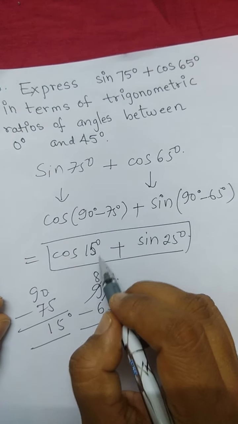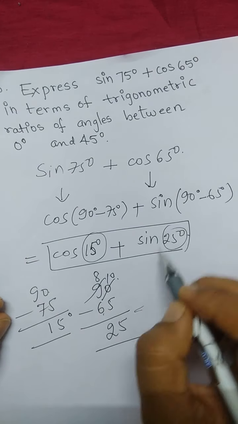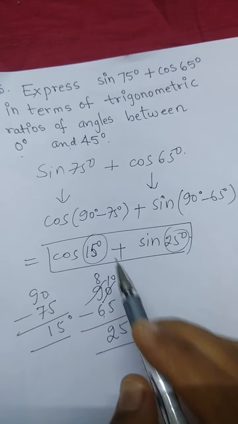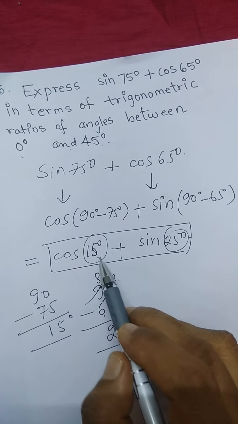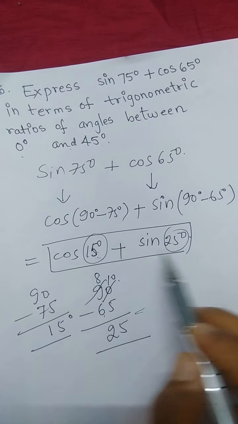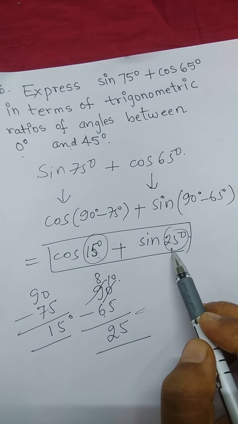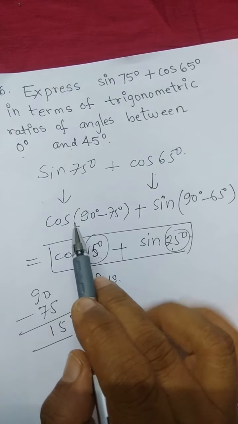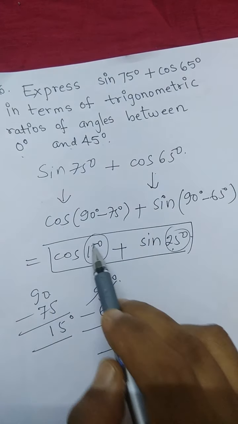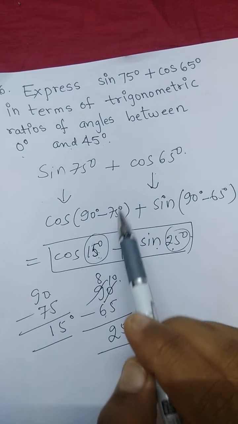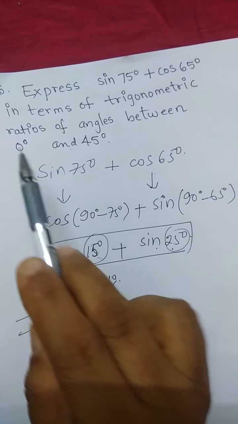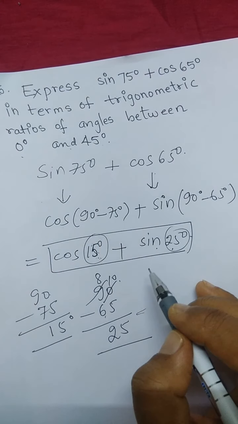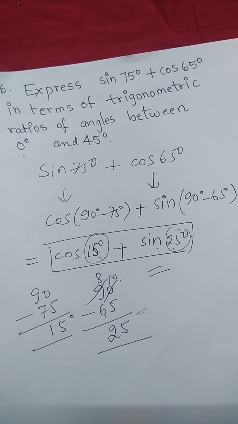So here we have converted this into angles between 0 and 45 degrees, isn't it? They are between 0 and 45 degrees, no? 15 degrees and 25 degrees. Both we have converted into the complementary angle ratios because we want to write these angles between 0 and 45 degrees. So we have done a very easy example.